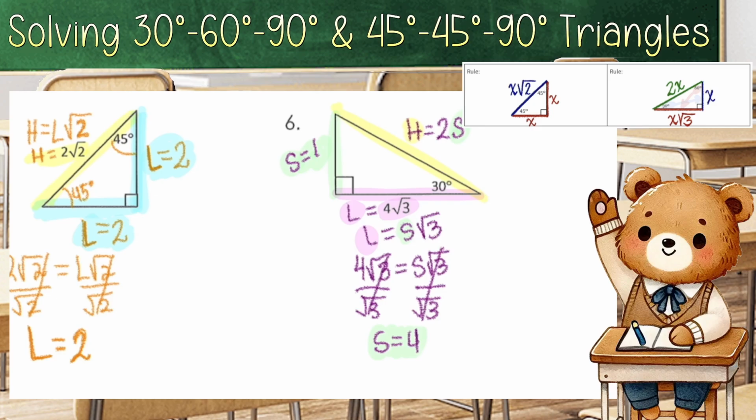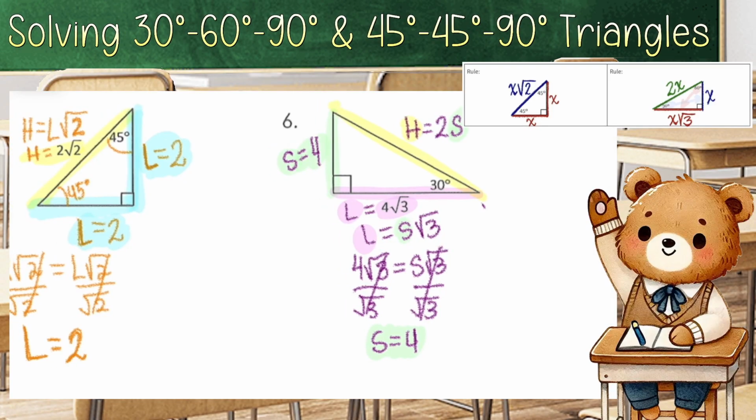S is equal to 4. Now we're going to fill that in to find H. H equals 2 times 4, so H equals 8. I'm going to label that right underneath. H is 8, and there you have it.